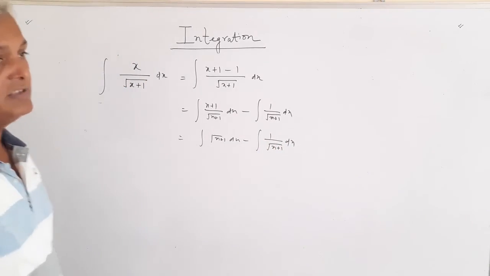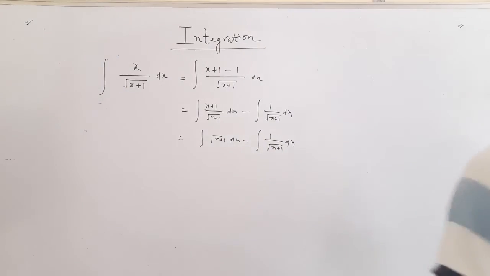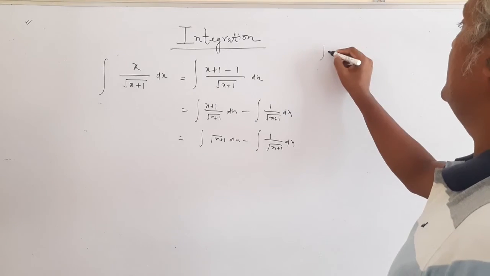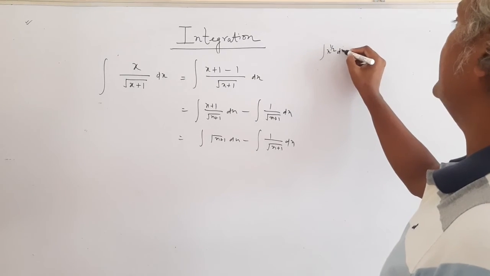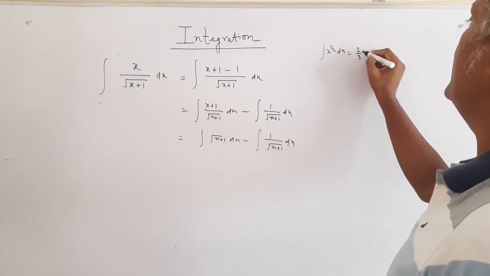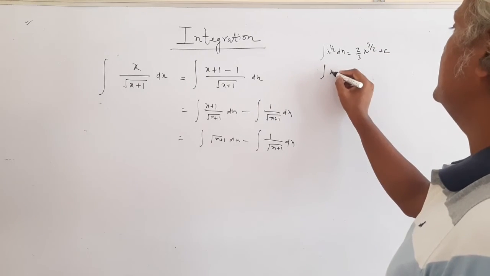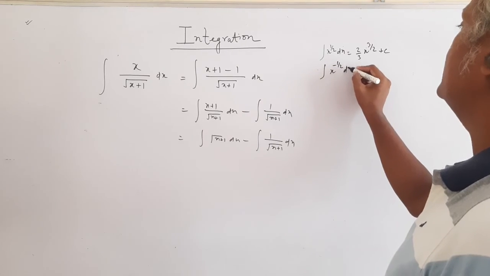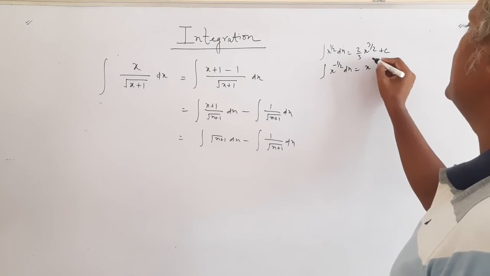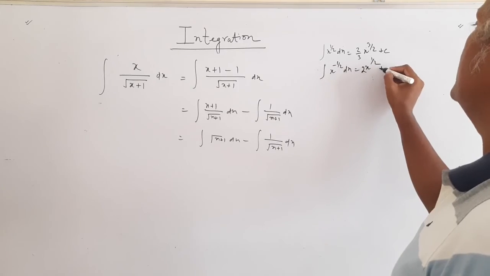So now we have two simple integrations, and one is integration of x to the power half dx. This gives you 2 by 3 x to the power 3 by 2 plus c, and another one is the integration of x to the power minus half dx form, and this gives you x to the power half into 2 plus c.